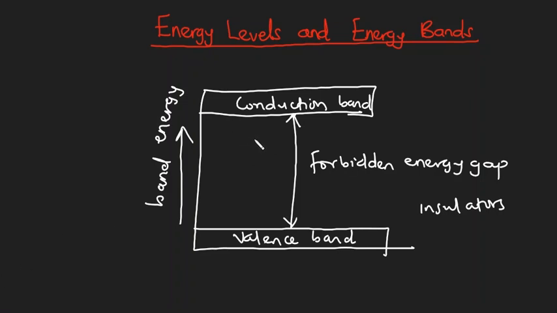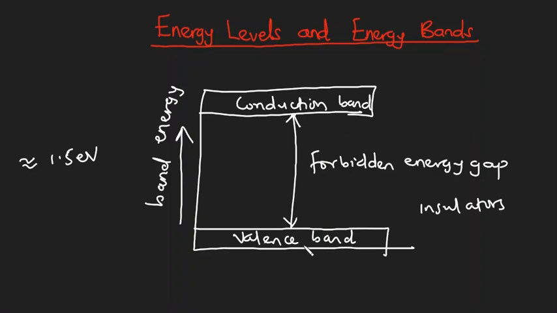Because of that, the energy gap between the valence and the conduction band in insulators is very large, approximately 1.5 electron volts, because the forbidden energy gap is very big. So they cannot cross from the valence band to the conduction band.